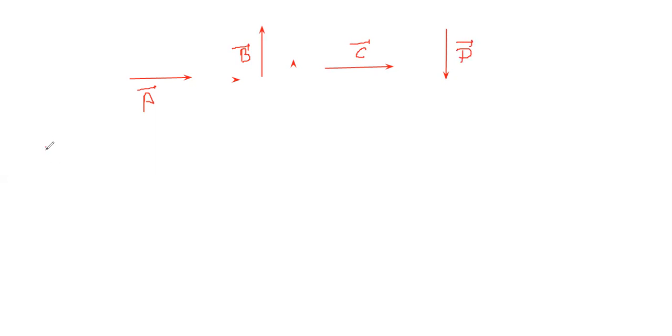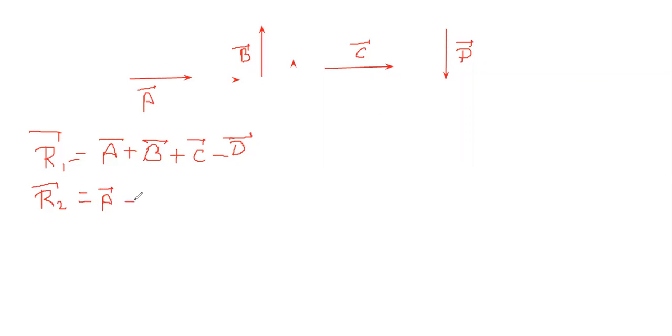If the question is R1 vector, all of you write in your notebook: R1 vector is A vector plus B vector plus C vector minus D vector. Now the second question: R2 vector equals A vector minus B vector minus C vector plus D vector.